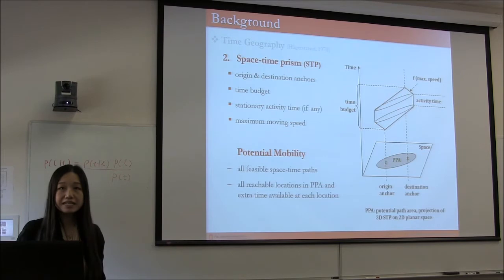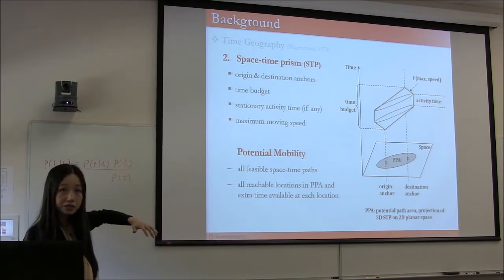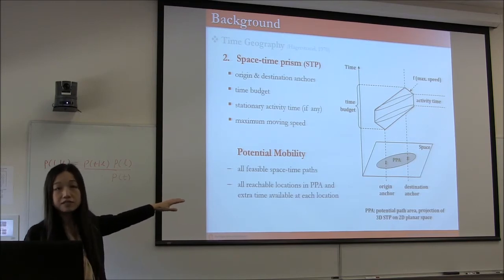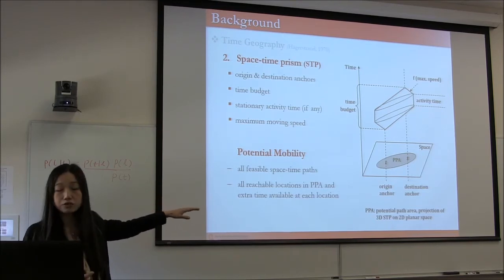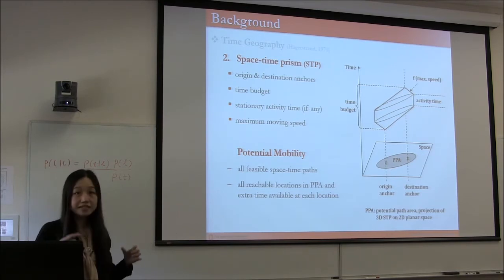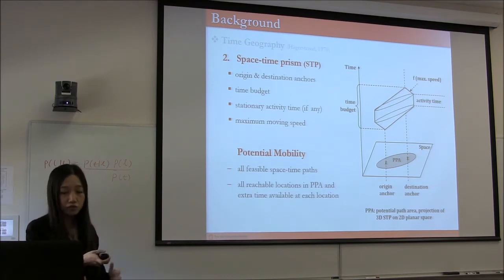One thing we notice is that if we project the space-time prism to the geographic space, we have those accessible locations in geographic space that people can go to. We call that area the potential path area, which is the area that paths can go through.